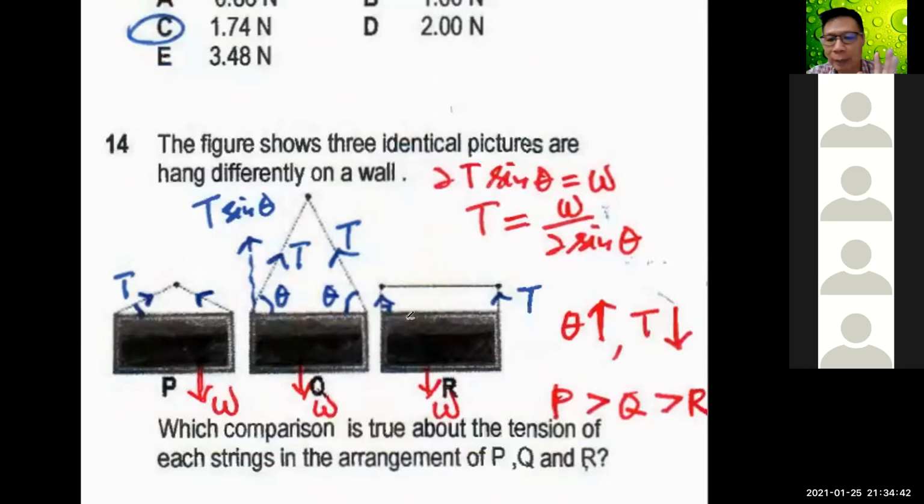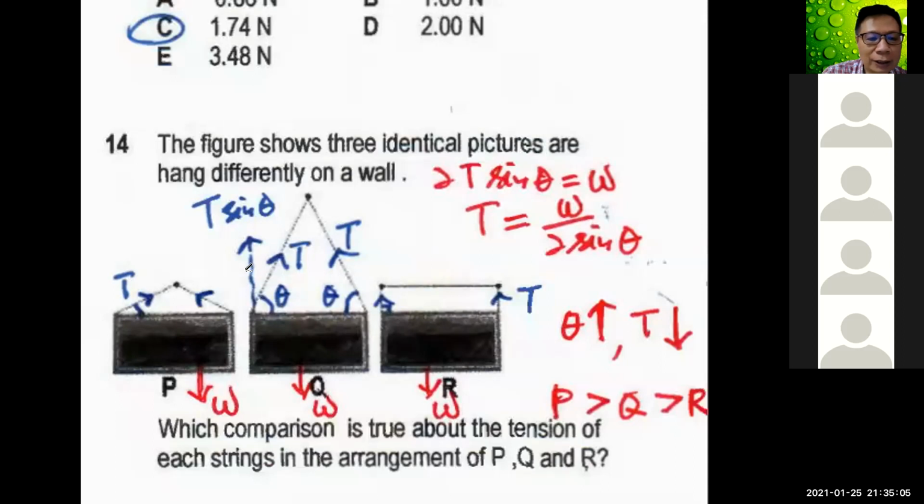Okay, now let me explain why. I take this diagram to explain to you. Let's say this angle is theta, this is also theta. Tension is here. So this is T sine theta, correct or not? Angle is here, so here no angle, so T cos theta is here.